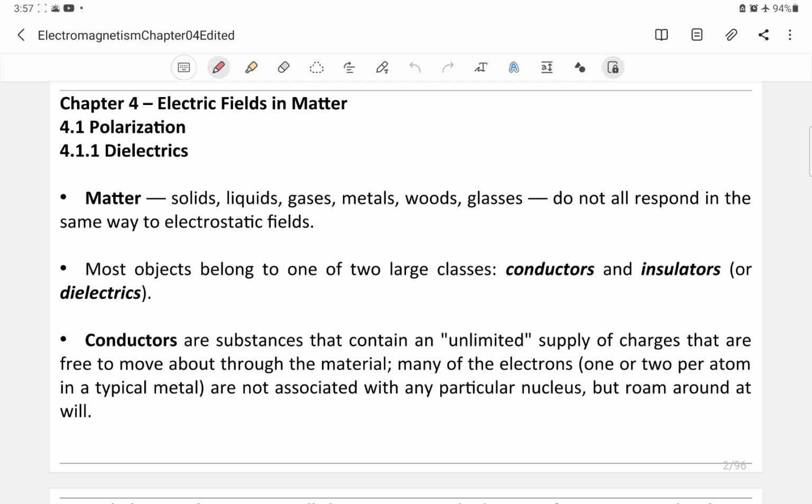Say for example, we have two large classes of matter. The first one is conductors and the other one is insulators, or what we now call dielectrics. Conductors are substances that have a lot of supply of excess charges. These excess charges move freely throughout the surface of the conductor.